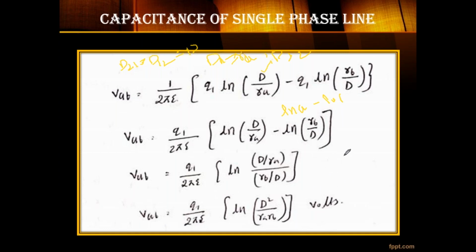When the two conductors have the same radius, what will we get? ln D square by R square, so we can write ln D by R whole square. When we rearrange this, you will get 2 ln D by R. Let me see what we will get.